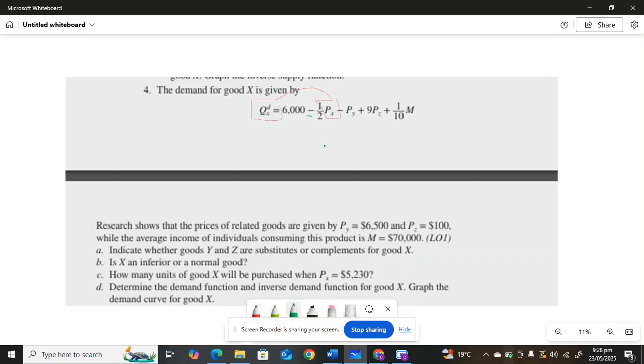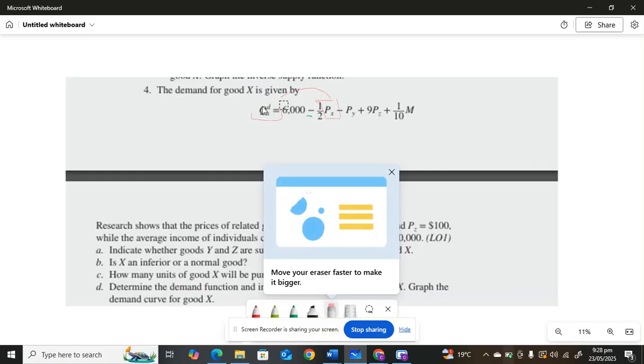Okay, so we've got a question here telling us that the demand for good X is given by this demand function.